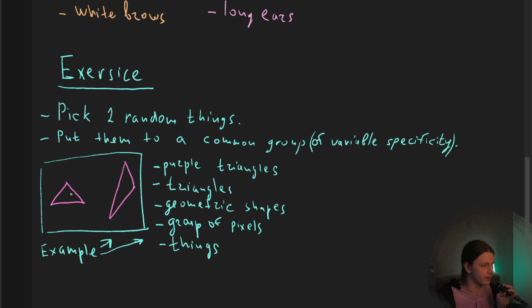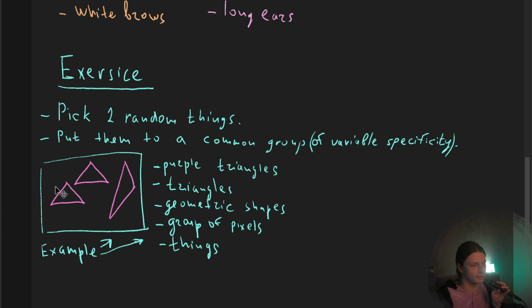So even if we have some triangle which looks completely the same for us, like this, it still has different position.